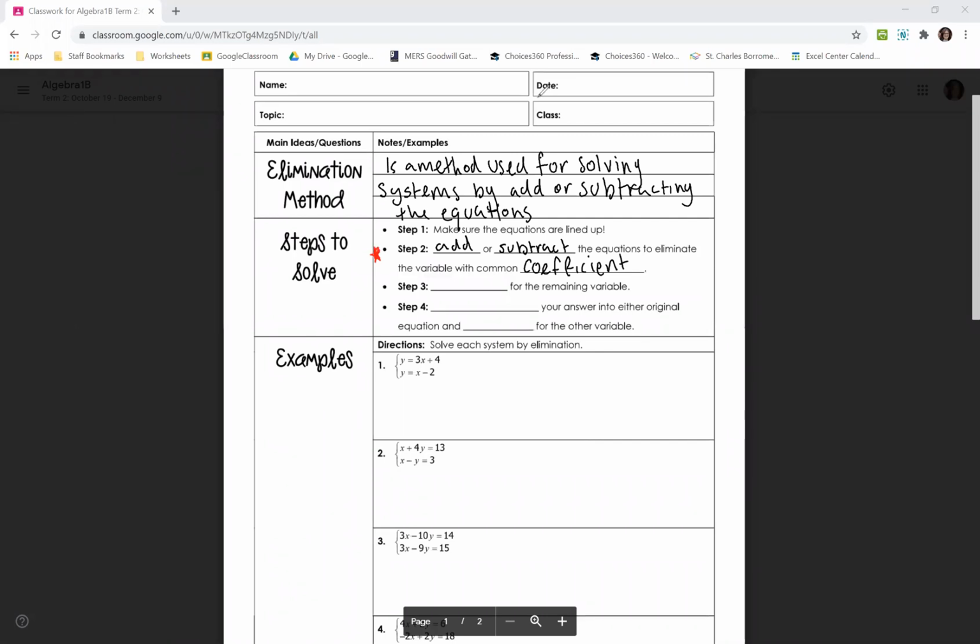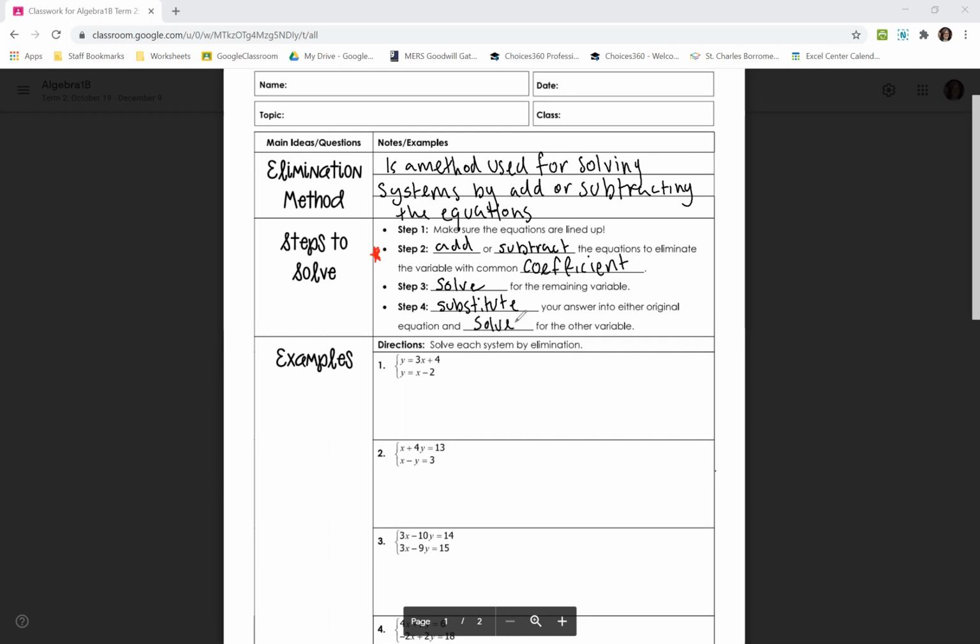So that's the kicker. Now, guys, everything else from here is going to be the exact same as the substitution method. Once you have one equation with one variable, you solve for the remaining variable. Then after you're done solving, you need to substitute your answer into the original equation and solve again.